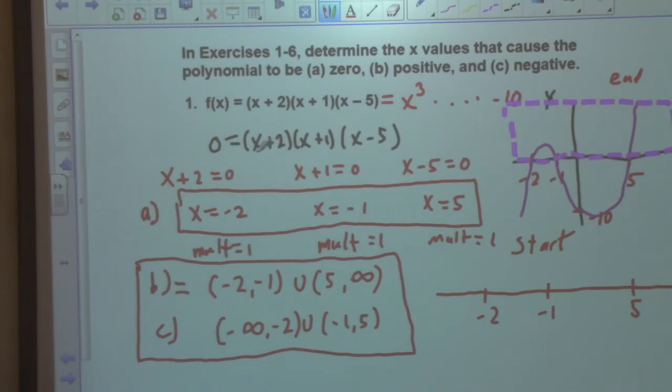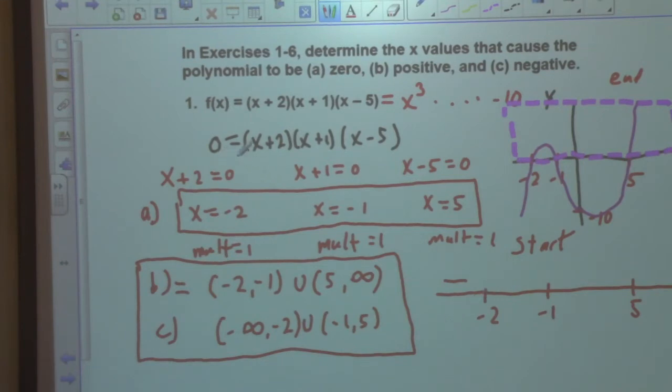What that would do is make this negative, and this negative. What's a negative times a negative times a negative? Negative. Okay, that's a sign chart. So that means we're below the x-axis.